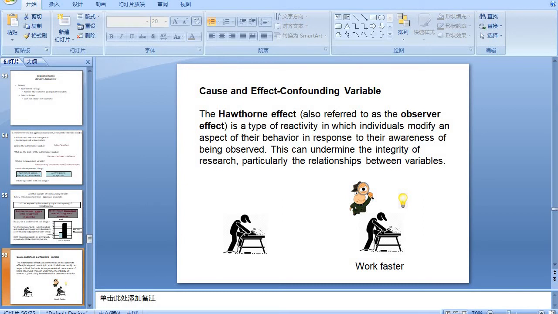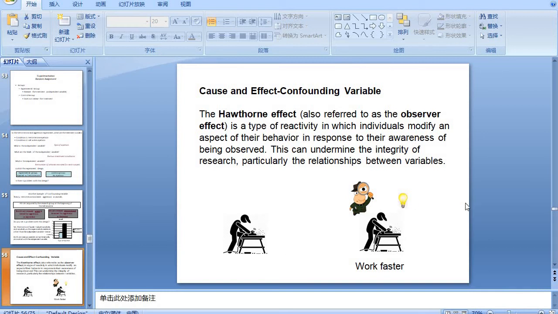They did an experiment. They went in the factory. First, they measured with the old, dimmer lighting how fast the workers worked, how many pieces of whatever stuff they were making they finished within an hour or within a day. And then they changed the condition.